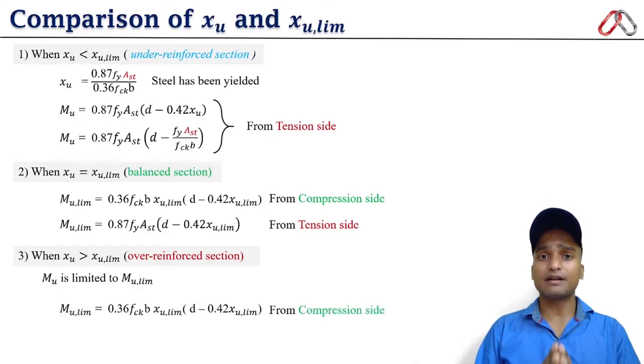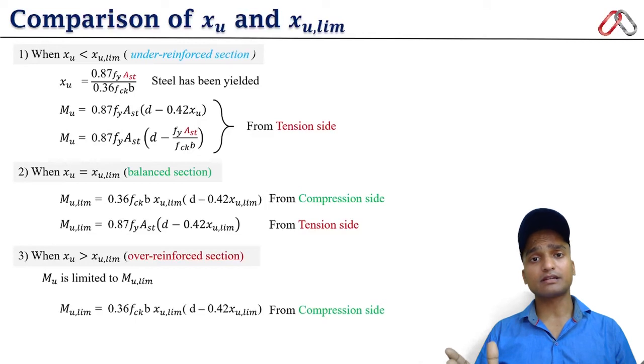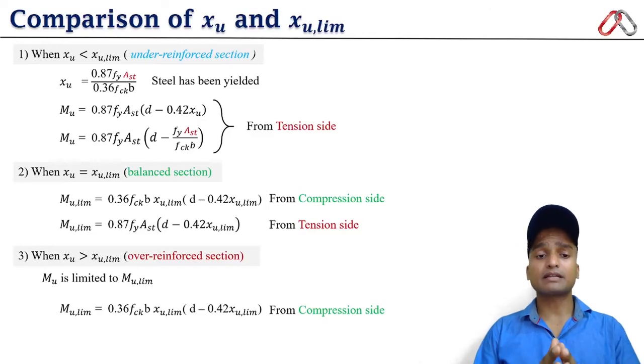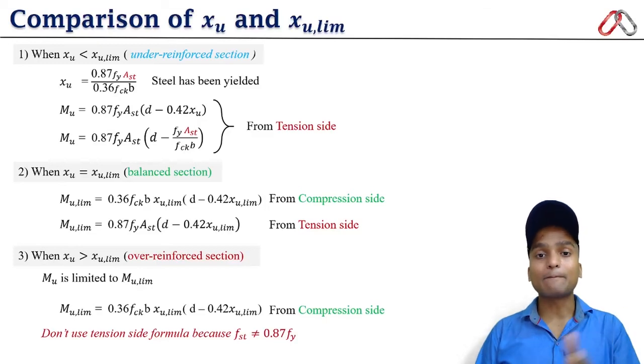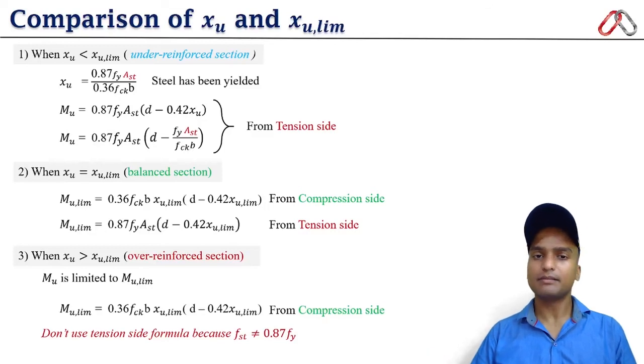But unlike earlier, where Mu limiting was calculated either from the compression side or from the tension side, in this case we can't calculate Mu limiting from the tension side because we don't have the idea of stresses in the steel. So we have to calculate Mu limiting from the compression side only, and that is equal to 0.36 fck b Xu limiting multiplied by (d minus 0.42 Xu limiting).